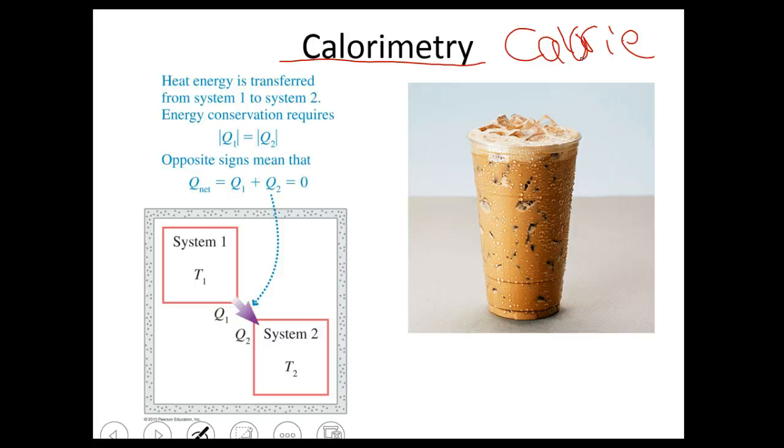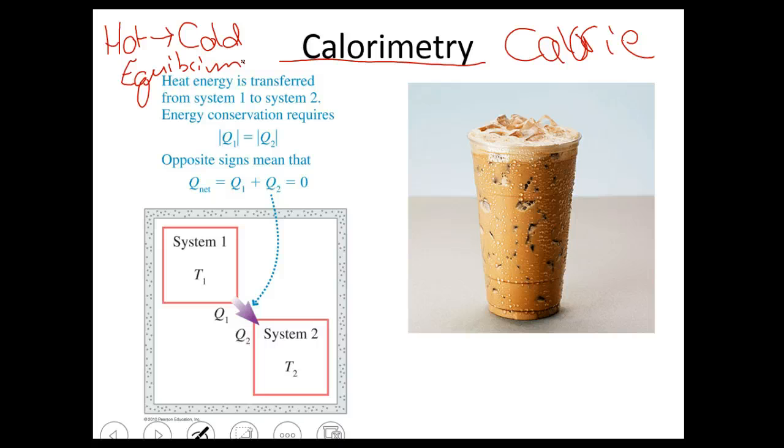What we see is that when these two systems begin coming in contact with one another, heat is going to flow from hot, whatever the hot substance is, to the cold substance until they reach equilibrium. And we talked about this last time. That equilibrium is where they have equal temperatures, and so the final temperature of this heat exchange is going to be the same for both materials.